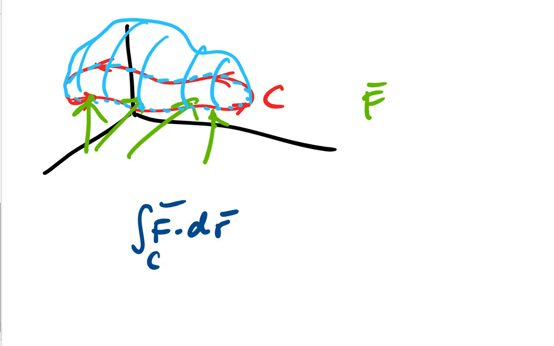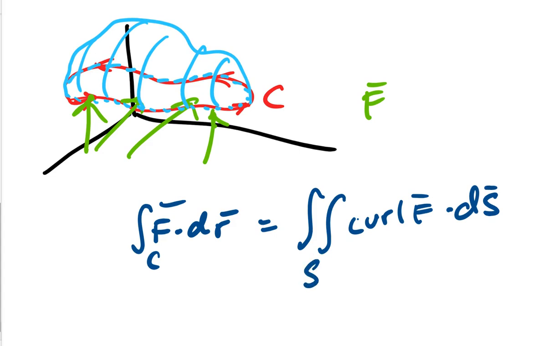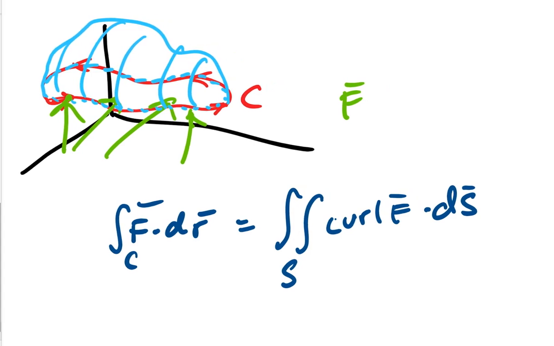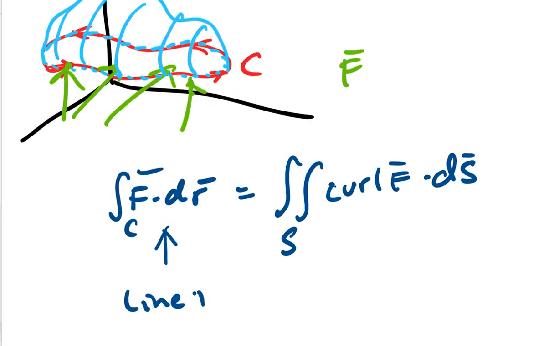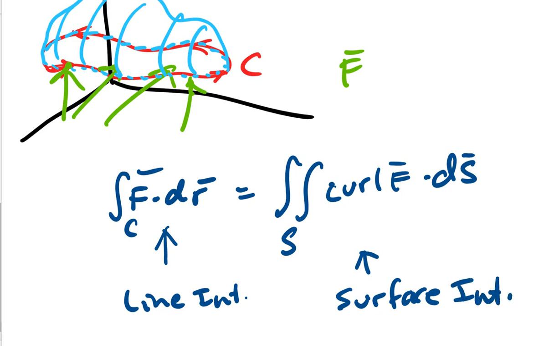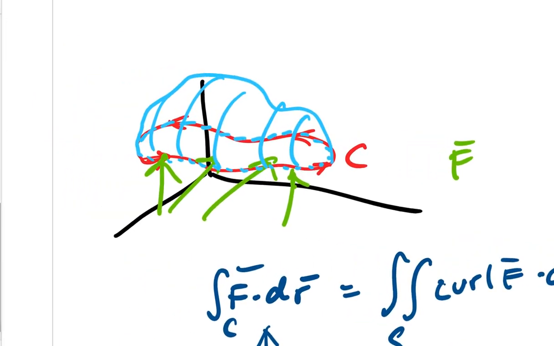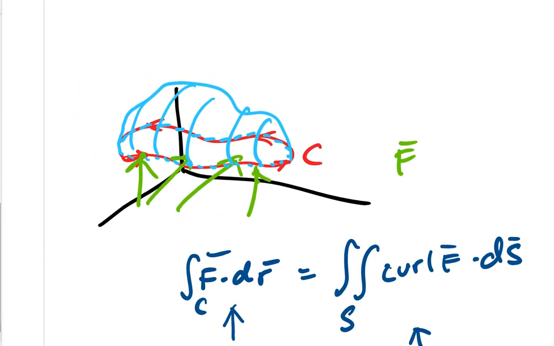You can actually work with the curl of the vector field, curl of F dot dS over S. So you can do the surface integral of the curl of F instead of finding the line integral. So you have a line integral here, and on the right side a surface integral. The really cool thing about this is that it doesn't matter what the surface is, as long as your curve is the boundary of that surface.